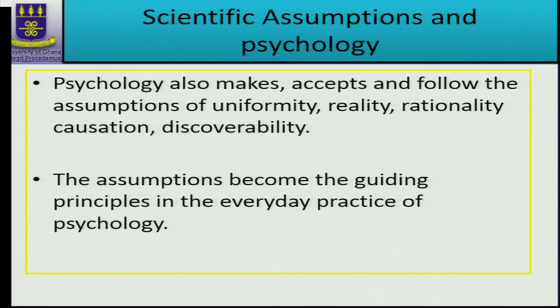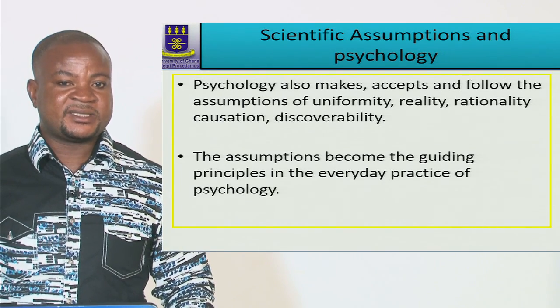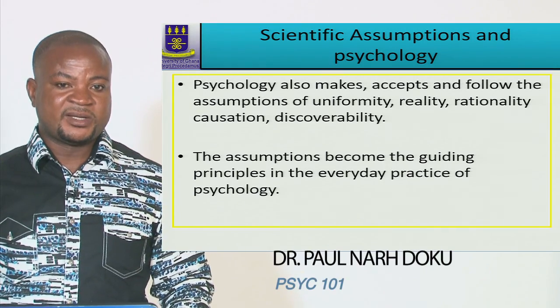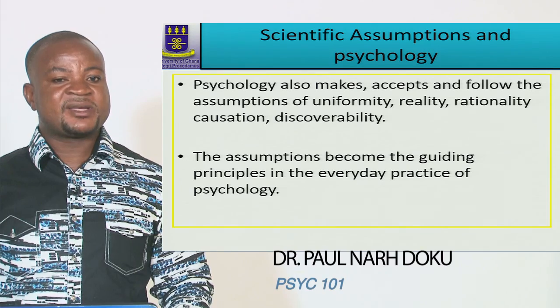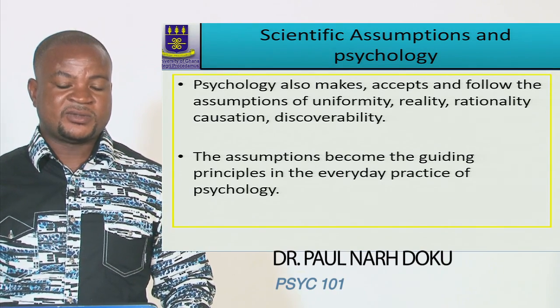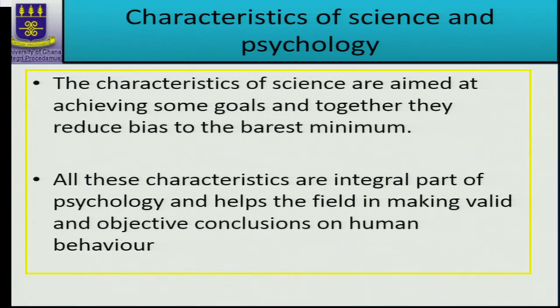So there is the need to determine whether the assumptions, characteristics, and procedures of science fits into what psychologists engage in. Psychology also accepts and follow the assumptions of uniformity, reality, rationality, causation, and discoverability. So the assumptions become the guiding principles in the everyday practice of psychology. So psychologists basically also works with all these characteristics. We also identify problem, we formulate hypotheses, we collect data, and all that.